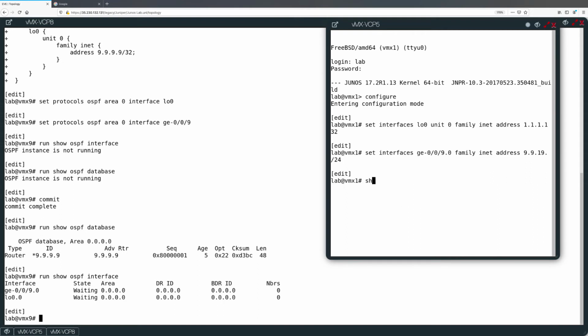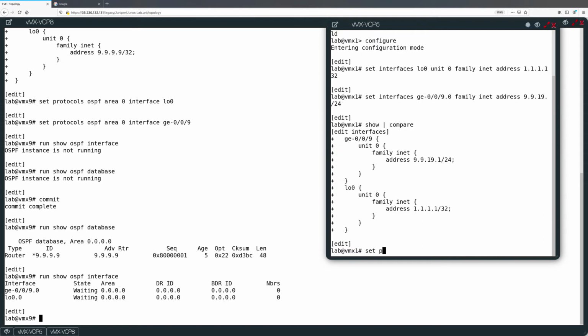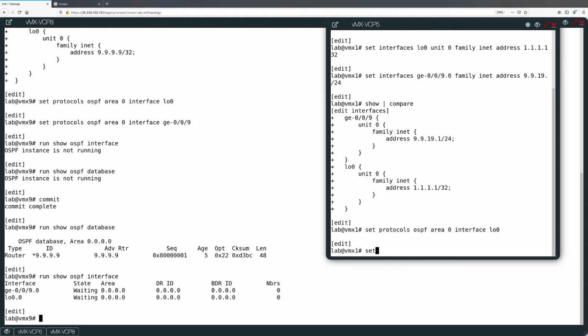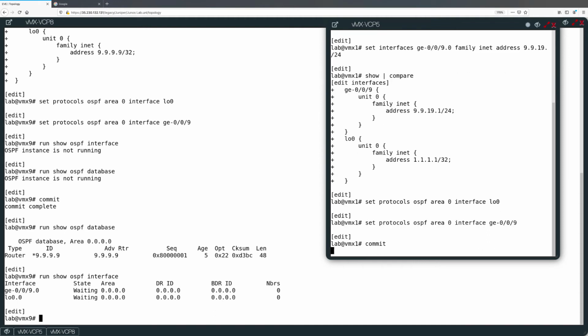Let's do a show compare and configure the protocol OSPF and say area 0 interface ge-0/0/9.0. It's good to be specific on the interfaces. I could have done interface all, but I wanted to be specific. So let me commit the configuration.